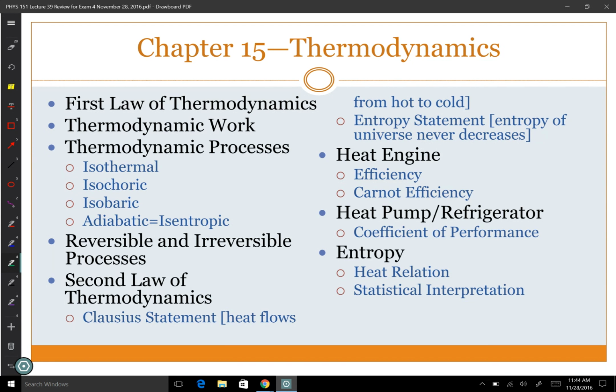If you had no temperature difference, you couldn't make a heat engine. But every time you run a cycle of that heat engine, you're exhausting more heat into the cooler one. So what's happening to the temperature of the cooler one? Heating up. And you're taking heat out of the hotter one, so its temperature is going down. So your temperature difference is constantly getting closer and closer to 0.